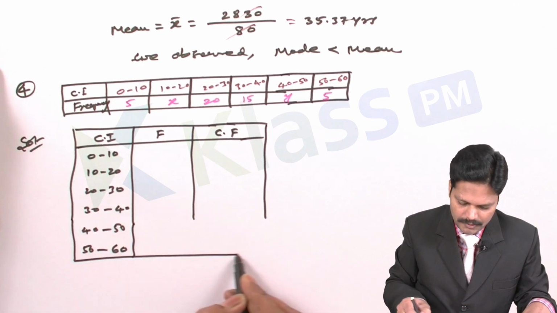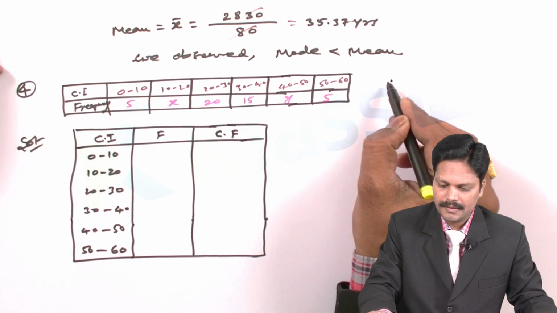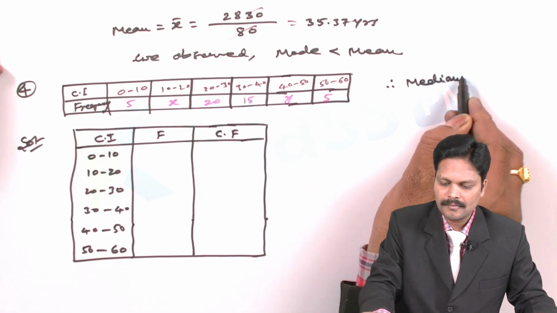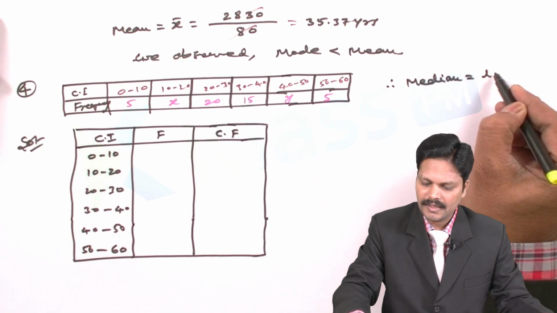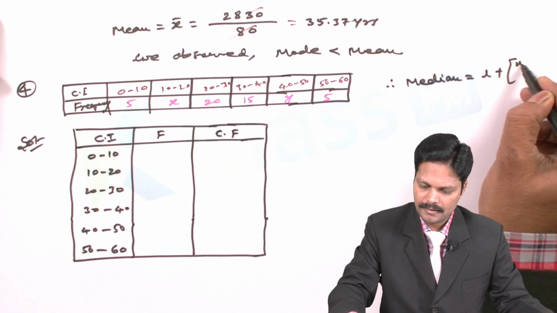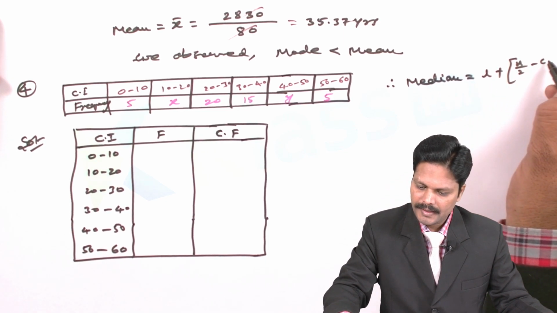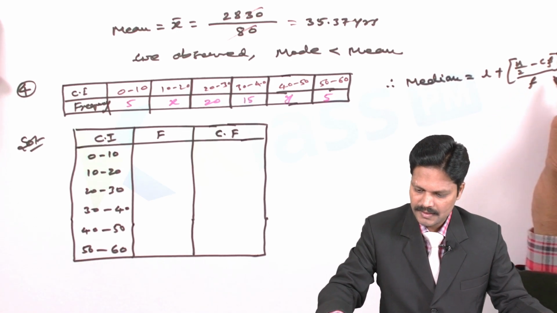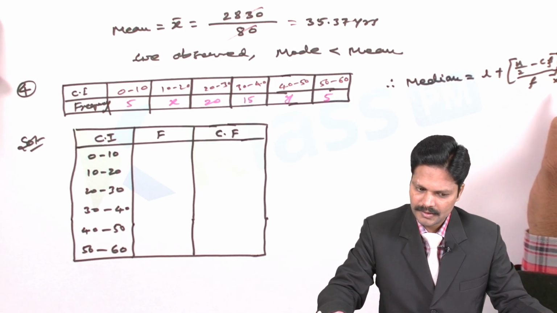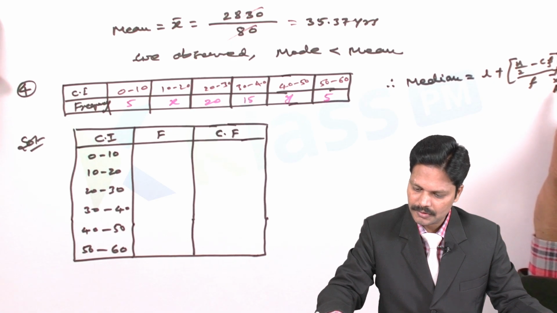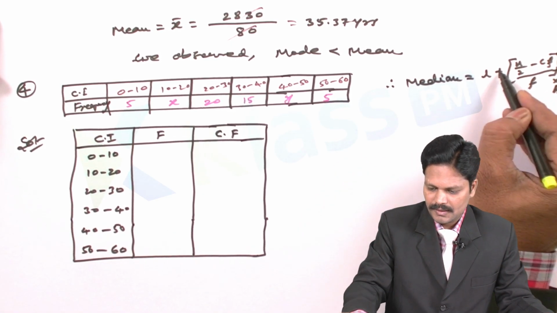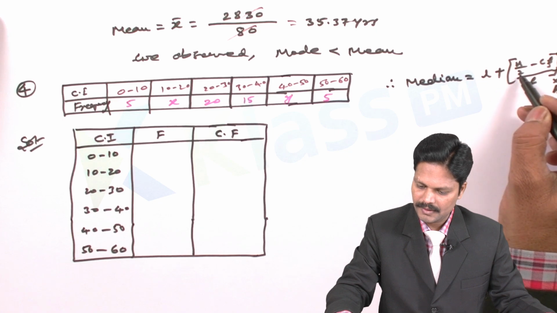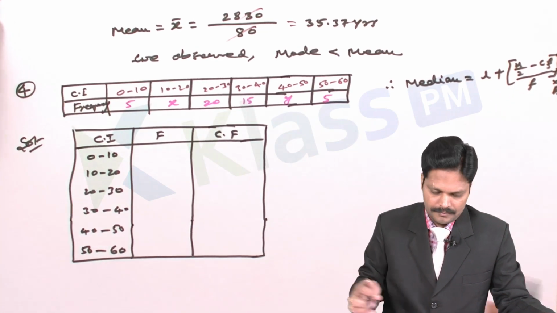Here we need to find the median. We use the formula L plus n by 2 minus CF by f, multiplied by the height h.